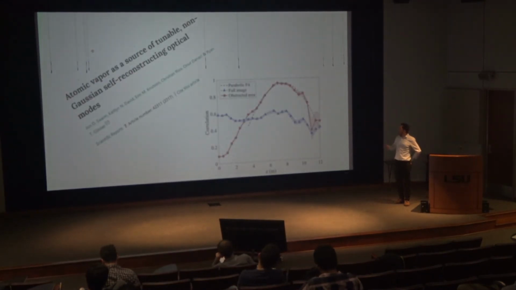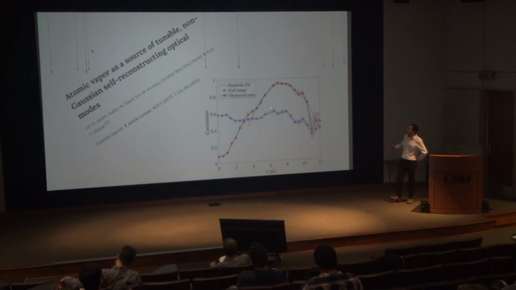For example, this is from our previous work. In our previous work, we generated, by using some nonlinear process, some sort of bullseye pattern looking beam, and in that one too, if you are only focusing on the inner part of the field, the unobstructed beam will be going up to some point, Z max, and over there it will start getting decollimated, and at the exact same spot your obstructed yet reconstructing beam is fully reconstructed itself.